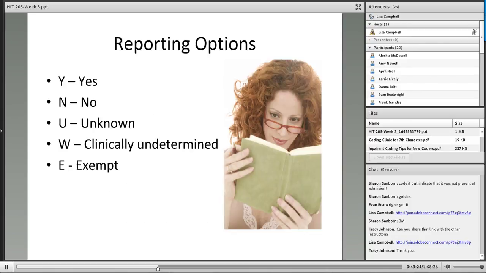Alrighty, so now it's time to have some fun. Because most people struggle with assigning the POA indicators, we're going to play a little game.